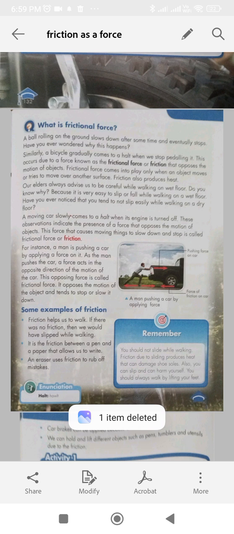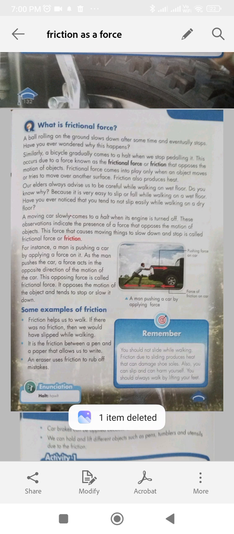Our elders always advise us to be careful while walking on a wet floor. Do you know why? Because it is very easy to slip or fall while walking on a wet floor. Have you ever noticed that you tend to not slip easily while walking on a dry floor?